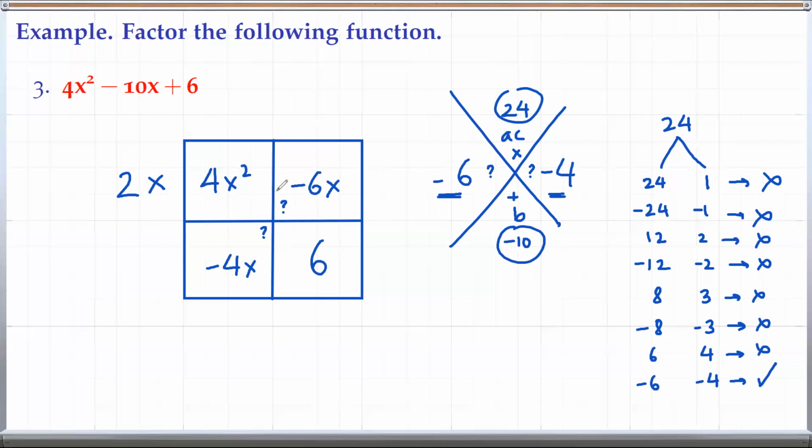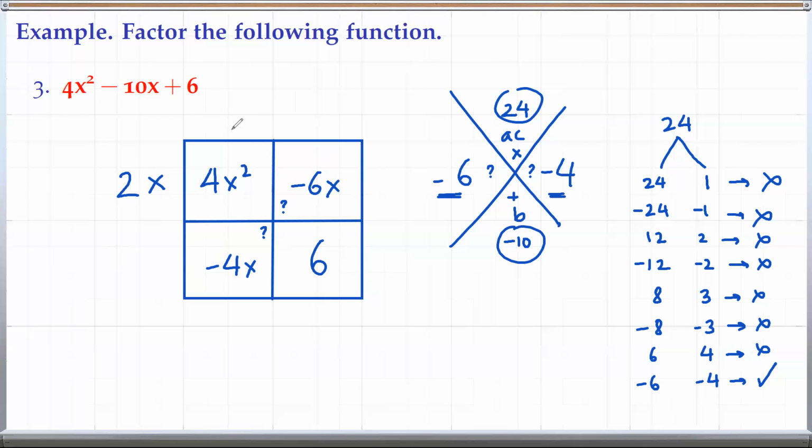Now, if for some reason figuring out the highest common factor between 4x squared and negative 6x looks difficult to you, we could use a different column or row. Like we could use negative 6x and 6, this column, or we could use negative 4x and 6, this row. Maybe I can do this problem again by selecting a different row or column after we are done with this one. So for now, let's proceed with 2x.